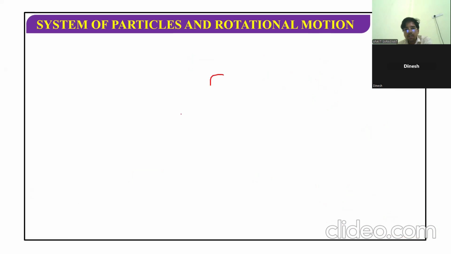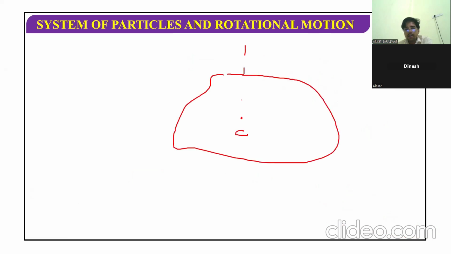For example, this particle is moving with v1 velocity. Its position will be r1. So the angular momentum for this particle will be m r cross v1.